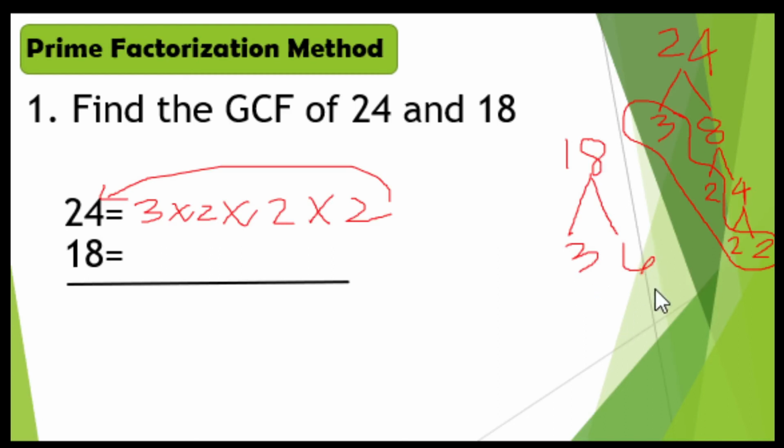Let's proceed to 6. Since 6 is a composite number, we need to factorize. Think of 2 numbers that will get a product of 6. Let's have 2 times 3. Since 2 and 3 are already prime numbers, we don't need to factorize. Now, it ends the factorization. We have 3 times 2 times 3.